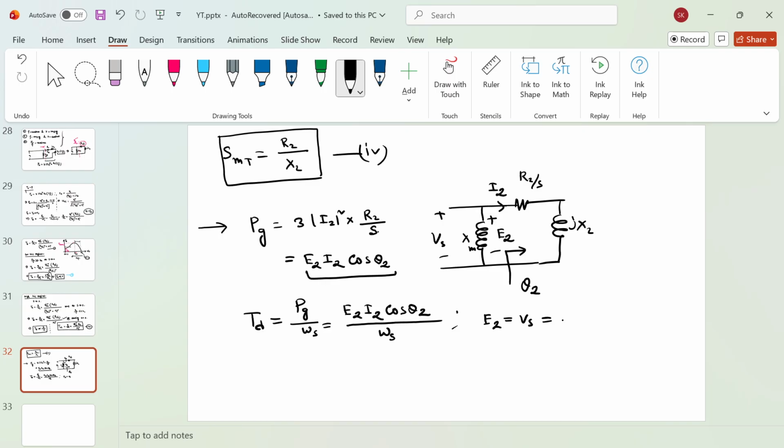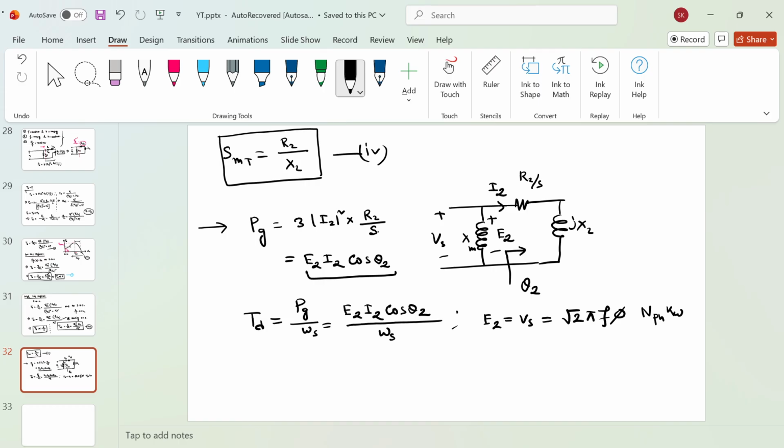Also this is equal to root 2 pi f, flux per pole, number of turns per phase, and kW. Let me write it just as flux phi, although it is a flux per pole, just for simplicity.